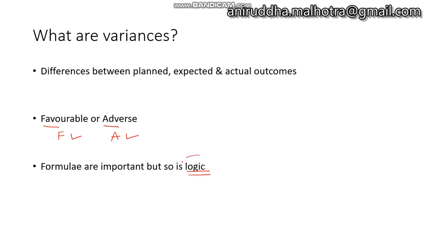You have to understand that logic and then decide whether something is favorable or adverse, rather than simply relying on the formula and calculating a positive number and a negative number and then trying to remember where a positive number is favorable and where a positive number might be adverse. So don't focus on that, simply focus on logic. If you're getting more of what you wanted, it may be favorable. If it is more of something that you did not want, like cost, it may be adverse.